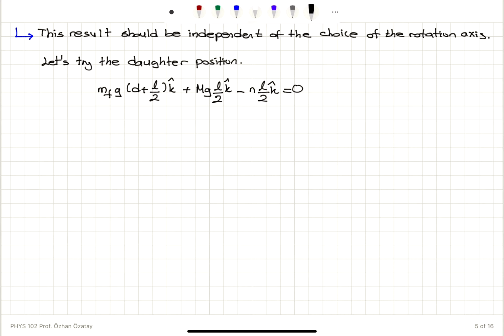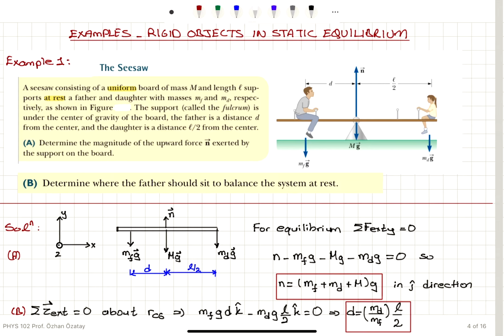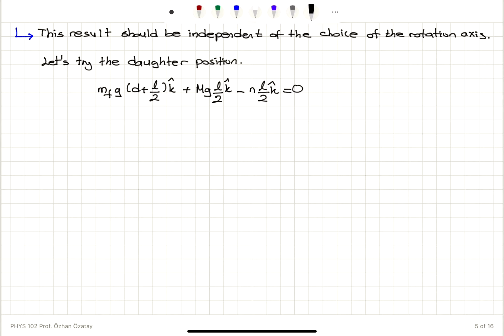Now what I'm going to do is basically substitute for n the result I have found from the translational equilibrium condition in part A. So let's do that. Mass of the father times g, d plus L over 2, this remains, plus the weight of the board times L over 2, and minus, I have the normal force.